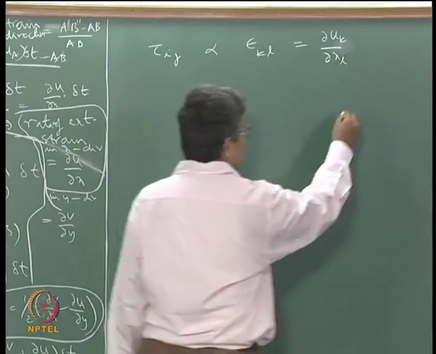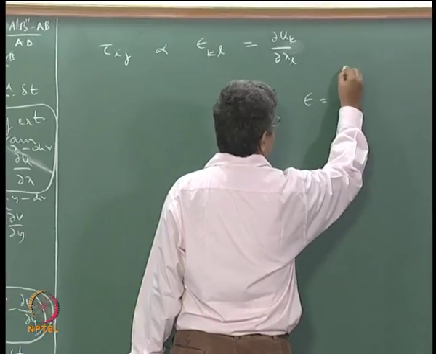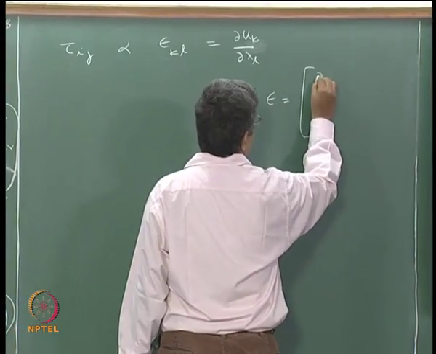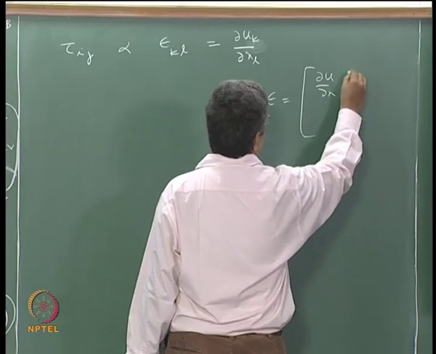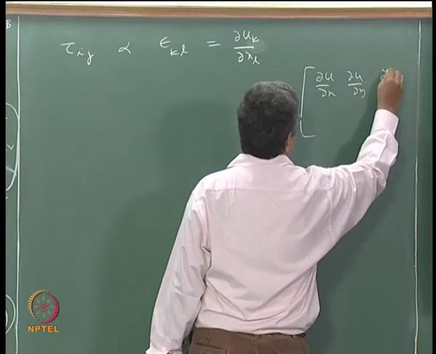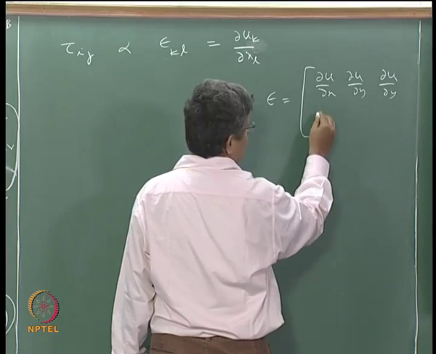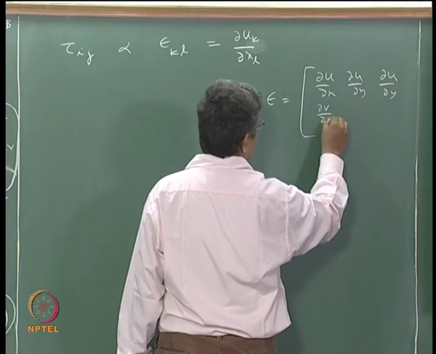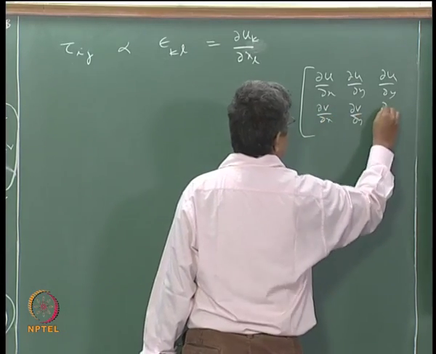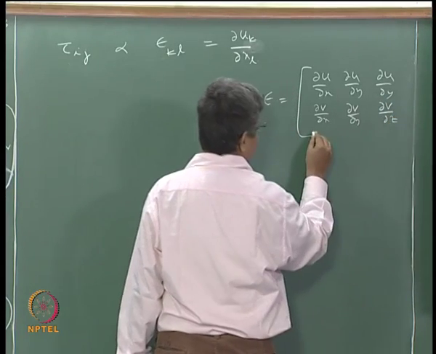So if you were to write this out, then this will be three components there, and then three more.